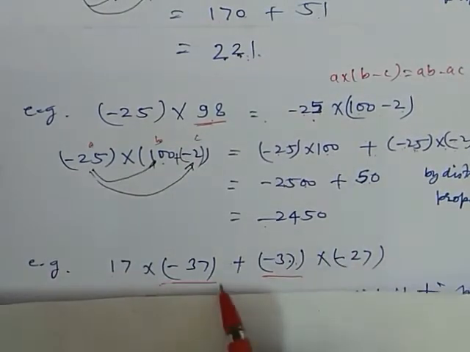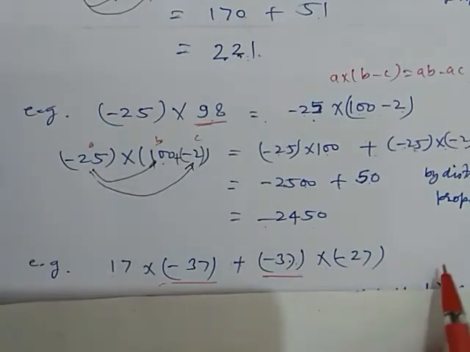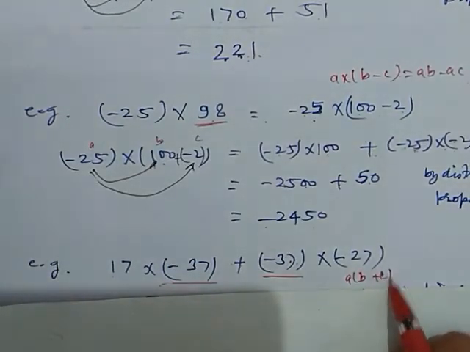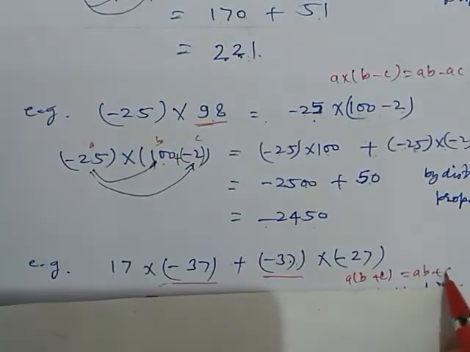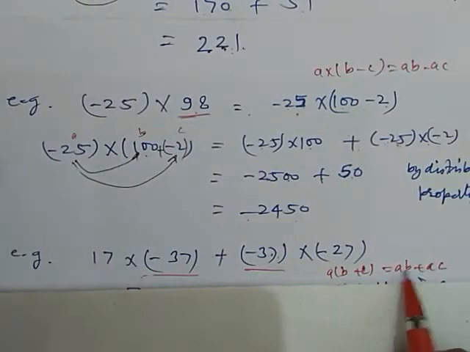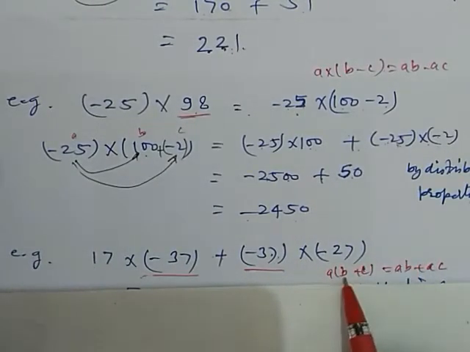We use the converse of the distributive property, because we can write A into B plus C as AB plus AC. But here we already have AB plus AC. So we take A common and write this as A into B plus C. This is the converse of the distributive property.